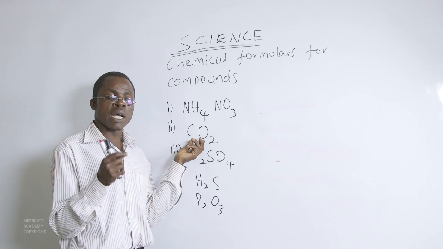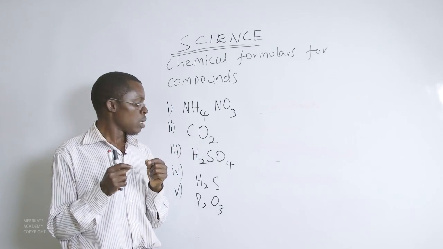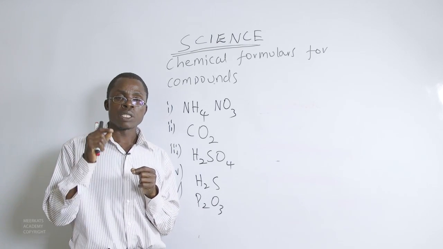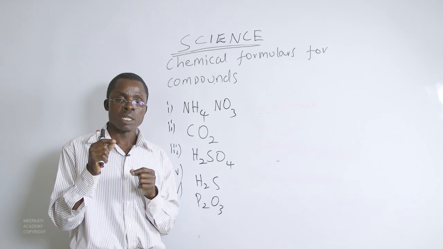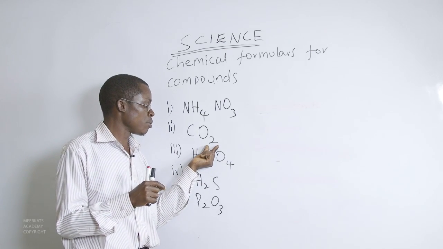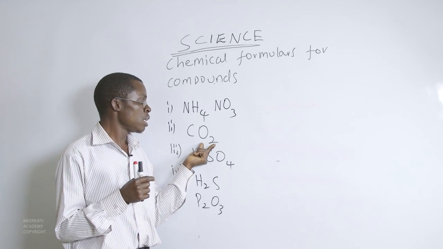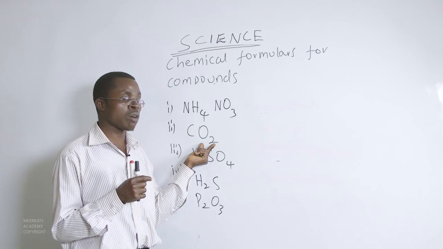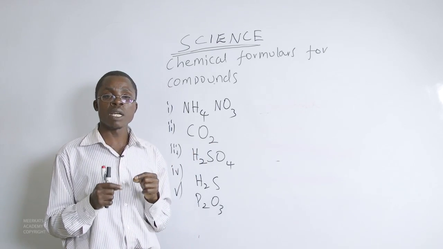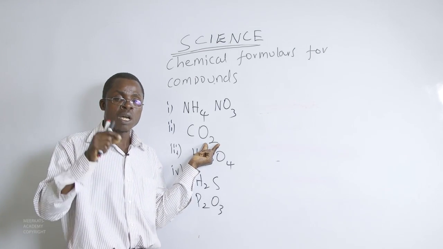the second element, but in this case we have to indicate the number of the second element present in the formula. For example, looking at this, the second element in this formula is oxygen. How many are we having? There are 2. So you have to indicate the number of the second element in that particular compound.